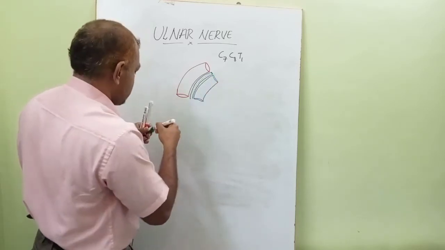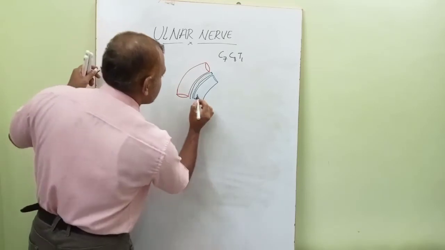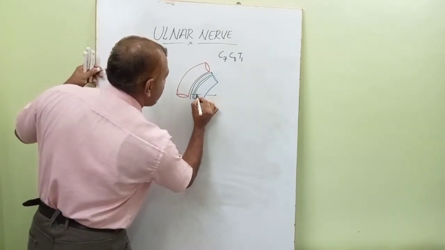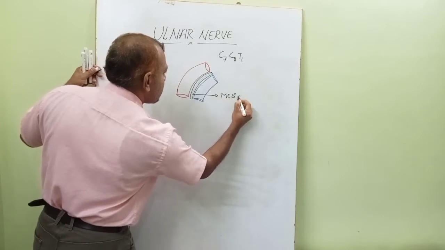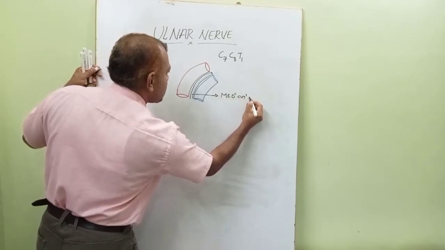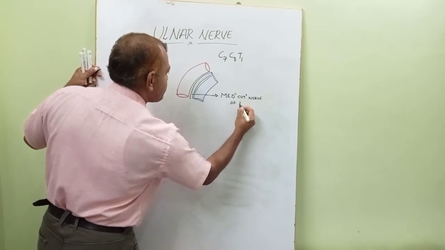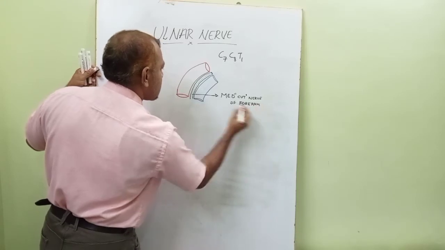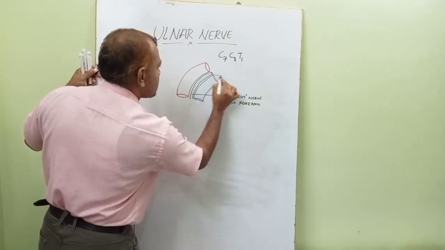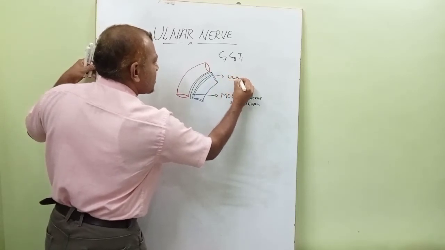Anterior to this ulnar nerve, the nerve which is present is called the medial cutaneous nerve of the forearm. Then the thick nerve which is present deep to this medial cutaneous nerve of the forearm is nothing but the ulnar nerve.